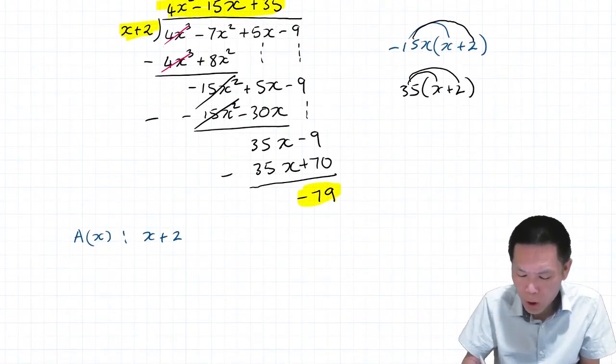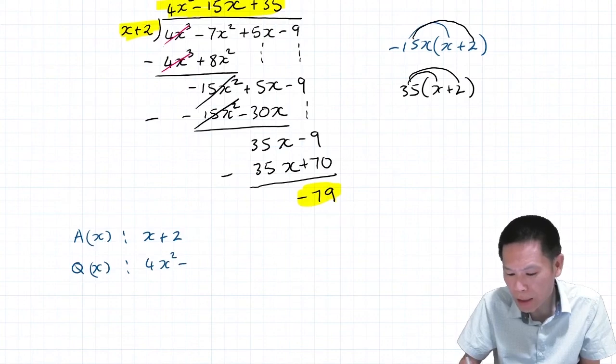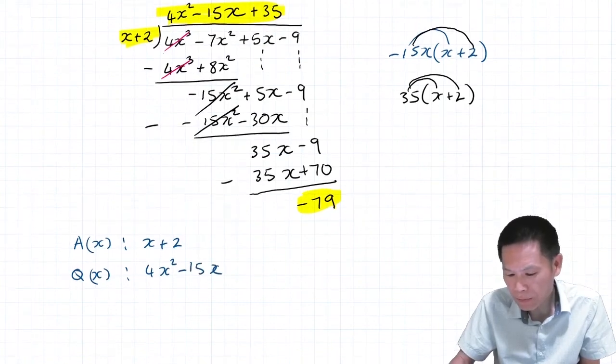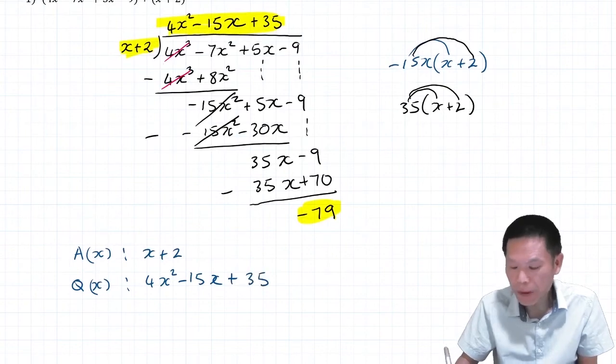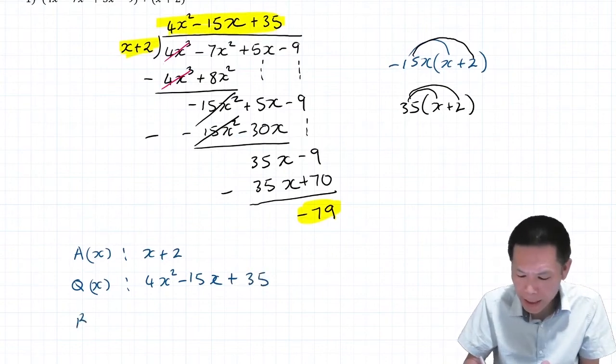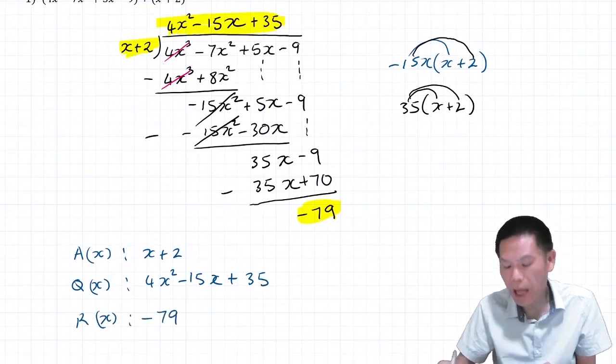The quotient Q(x) is the answer, that is 4x squared minus 15x plus 35. And the remainder, that is R(x), is negative 79.